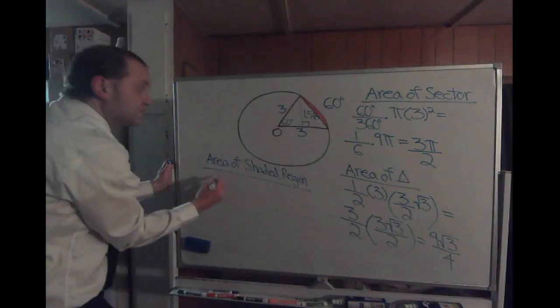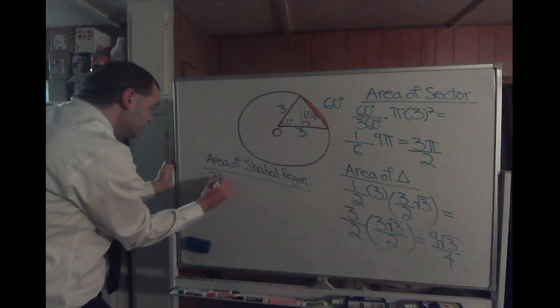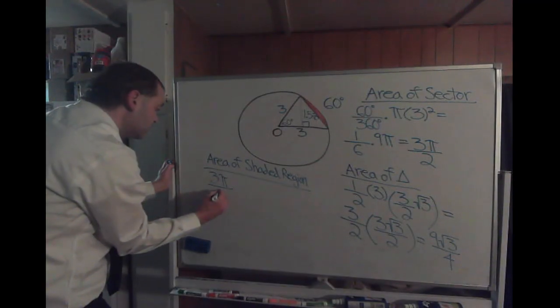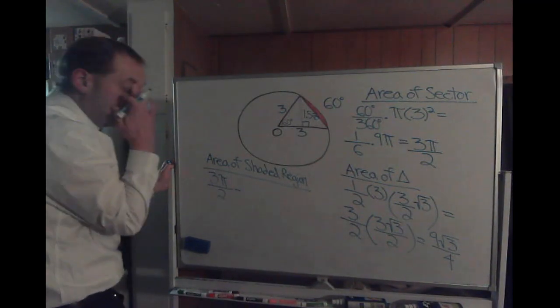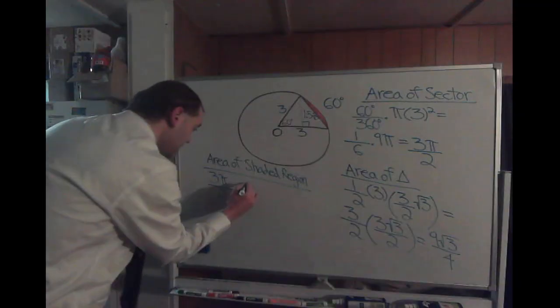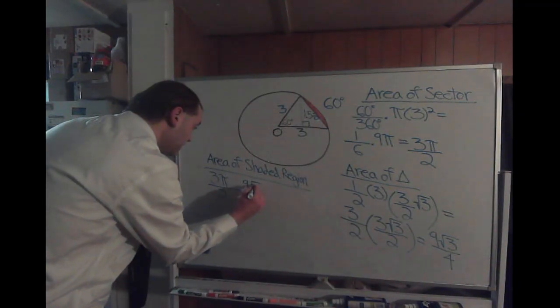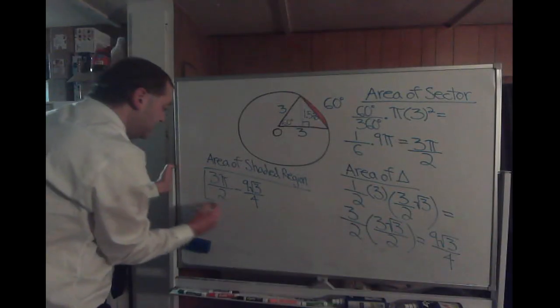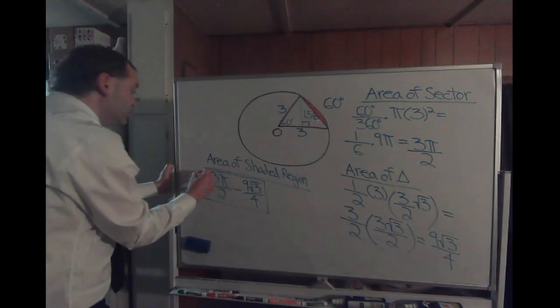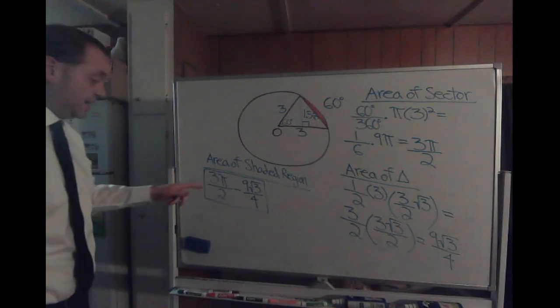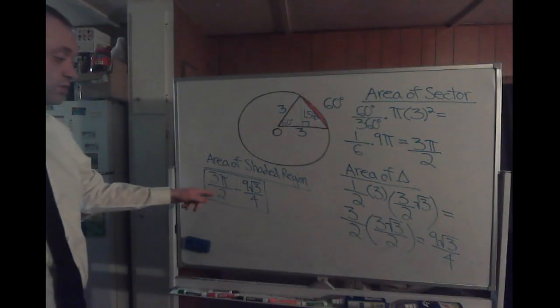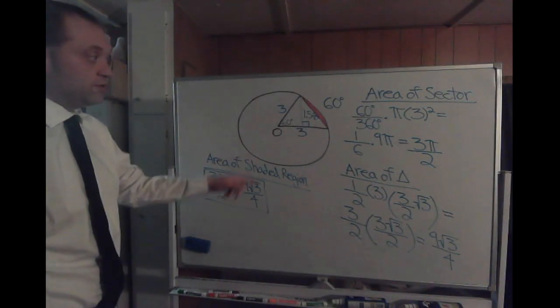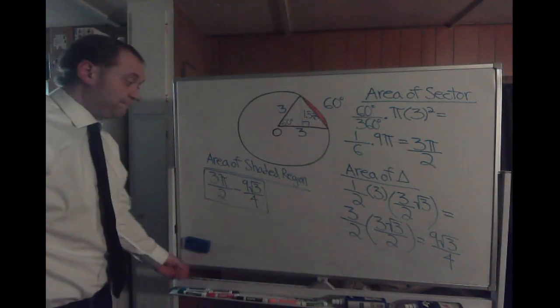That's going to be the area of the sector, 3 pi over 2, minus the area of the triangle, which would be 9 times the square root of 3 over 4. And that would be the area of the shaded region, which looks like a mess, but it's 3 pi over 2 minus 9 times the square root of 3 divided by 4.